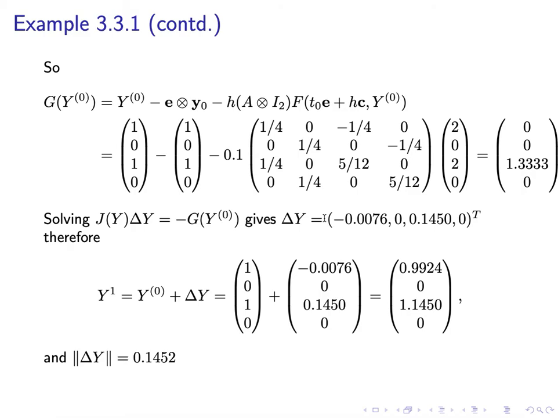Now this is our change in our big Y. So if we add it to our current estimate, we get our new estimate of big Y. And if we calculate the norm of delta y, we get 0.1452. That's quite a big number, so we need to iterate our Newton's method again.